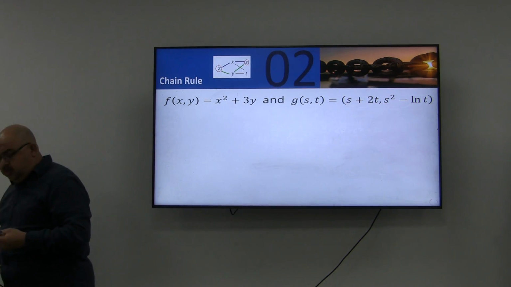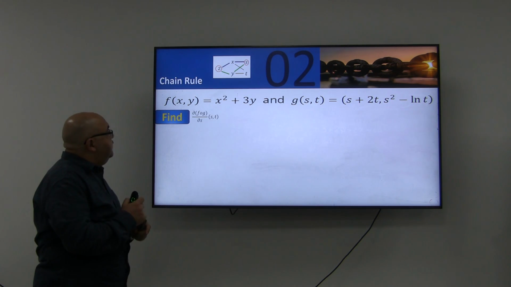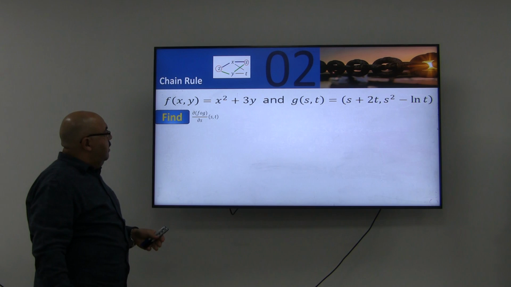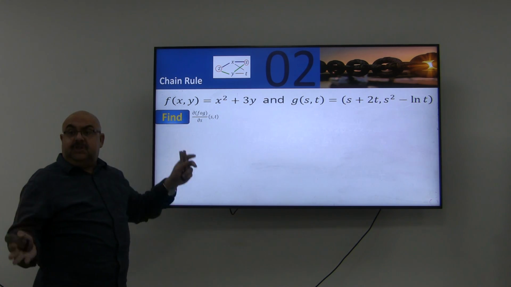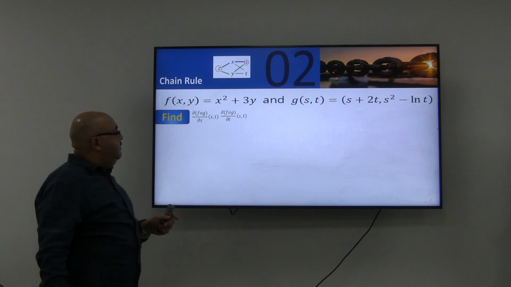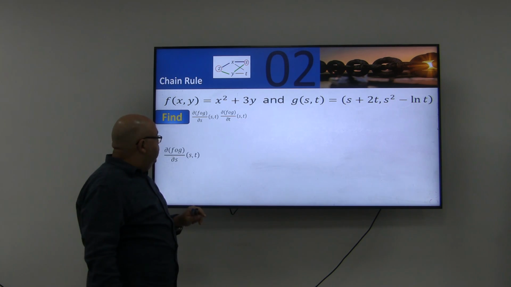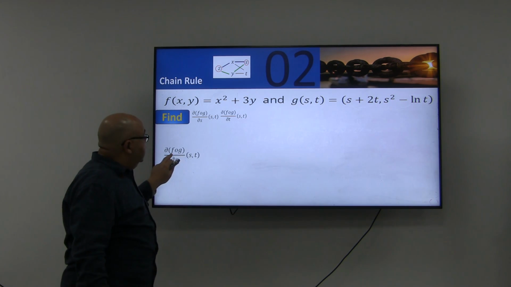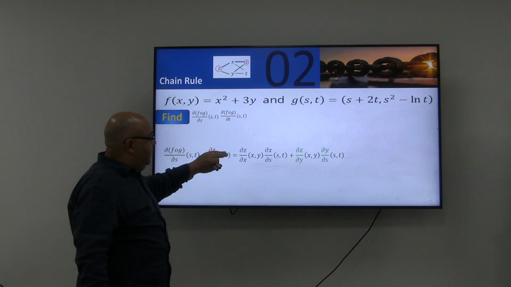So, as I told you, once more, he wants you to find f composite g of s and t with respect to s, and also with respect to t, as you can see. So all I have to do is to differentiate f first with respect to its own variables.